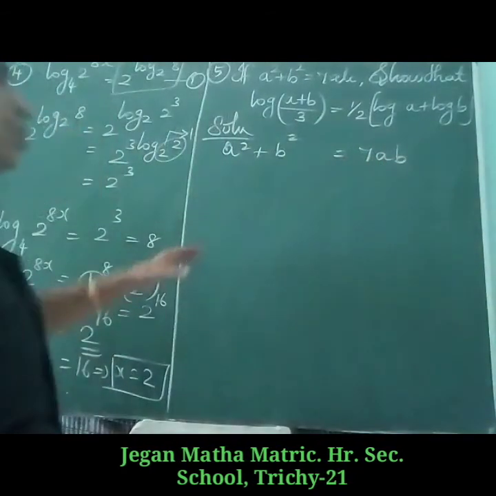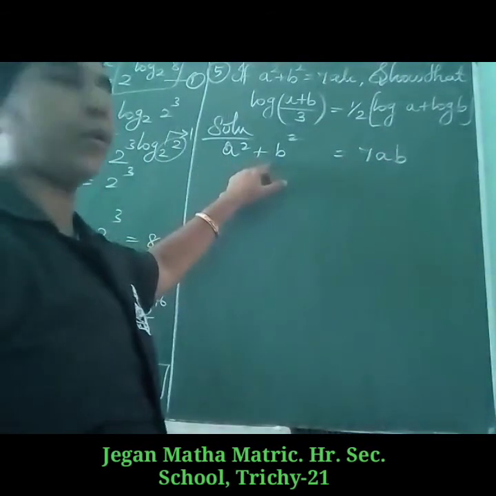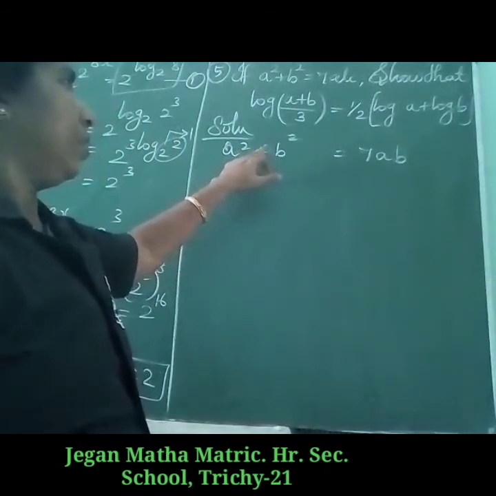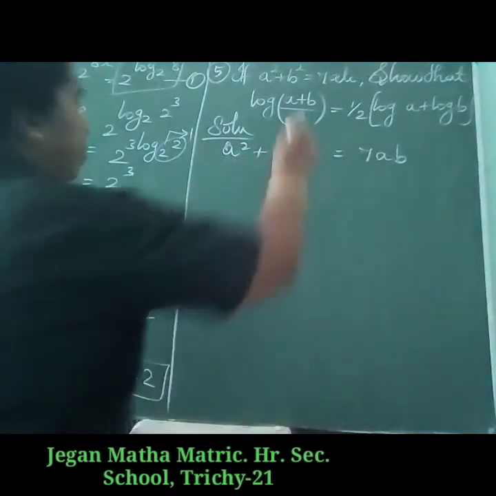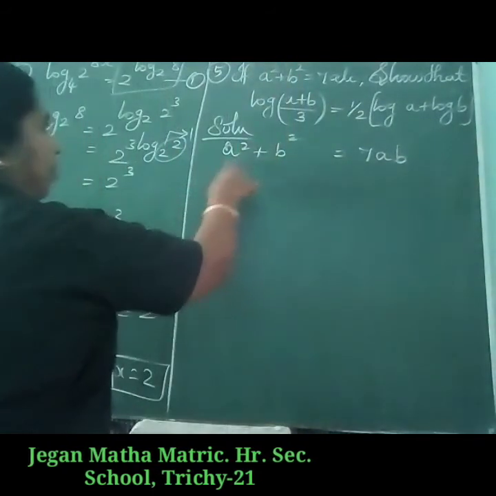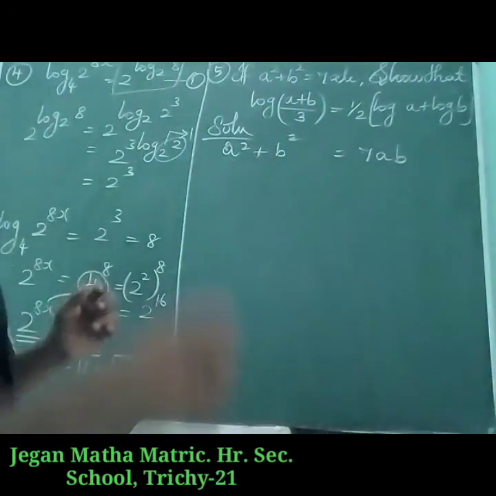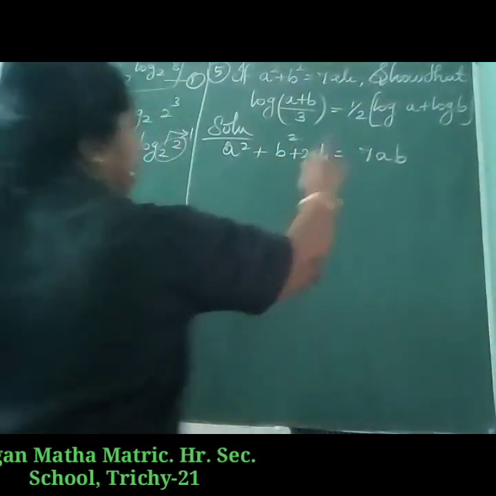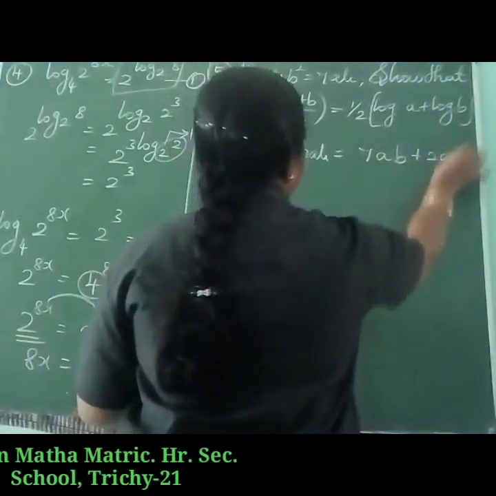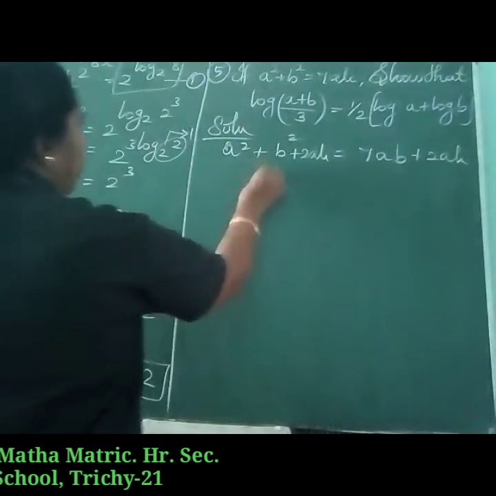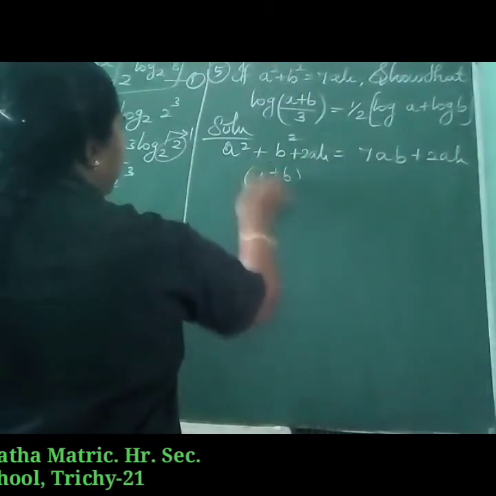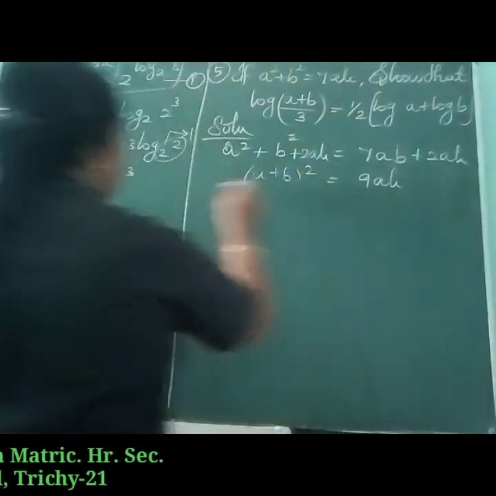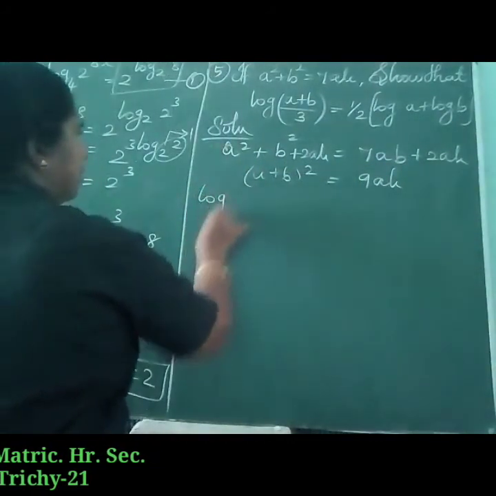If I want to convert this to a perfect square, since here we have A square plus B square, if you want to convert this to A plus B the whole square, the extra 2AB I am taking, the same 2AB you can add on the right side. So A plus B the whole square is equal to 9AB.